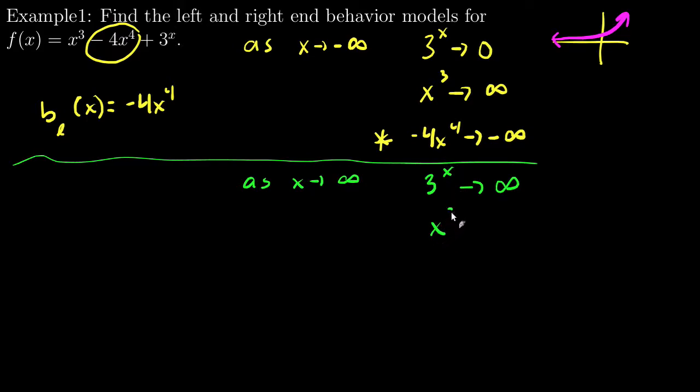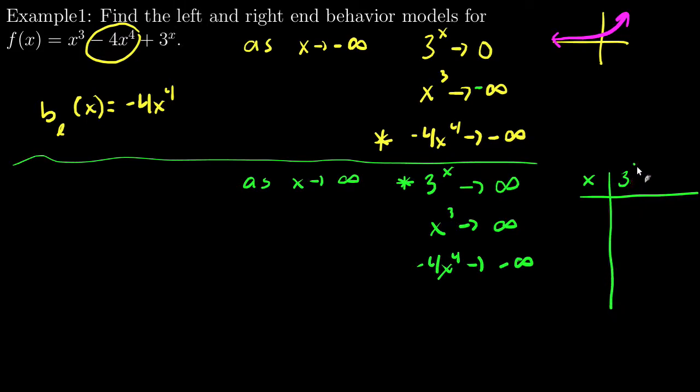So it's true that x cubed is approaching infinity, and negative 4x to the fourth is approaching negative infinity, but the exponential will grow faster. If we start thinking this through, we start seeing what happens. If I were to make an input-output table and consider 3 to the x and negative 4x to the fourth, when I put in 1, clearly 3 to the first is 3, negative 4 times 1 to the fourth is just negative 4, and they're about the same magnitude.